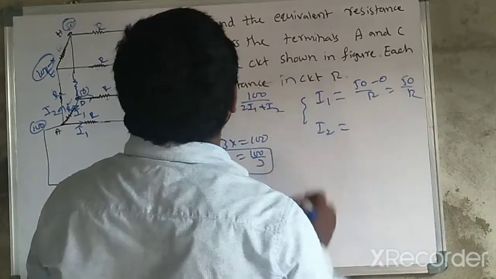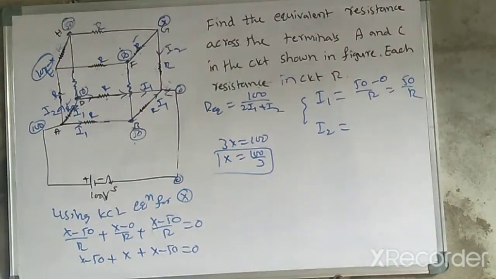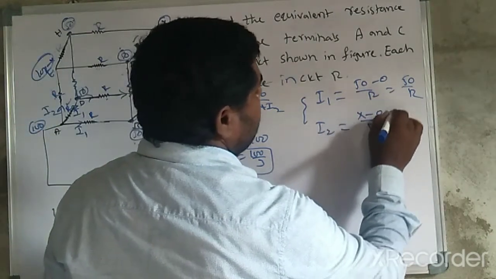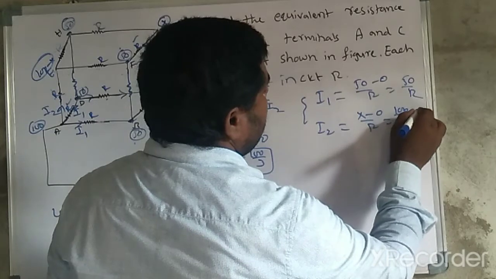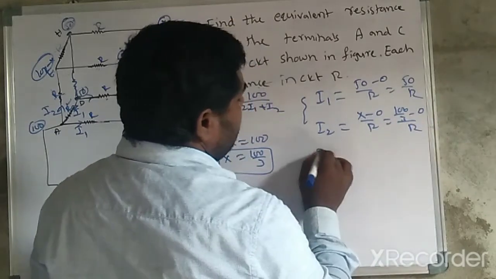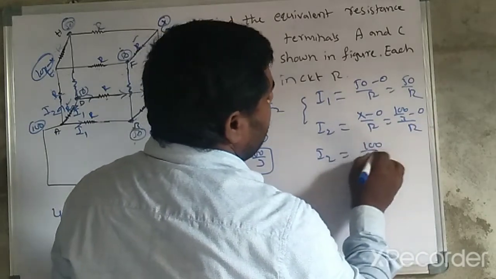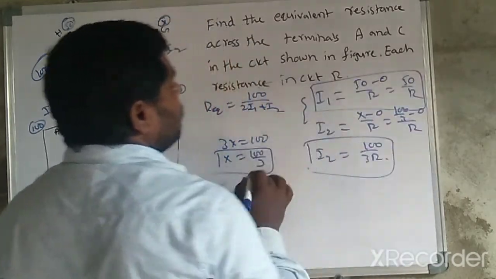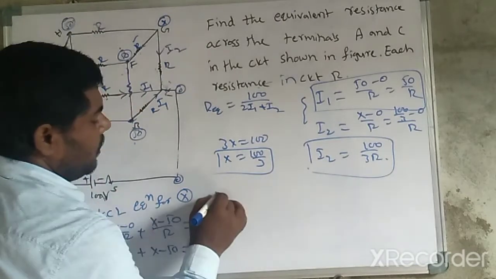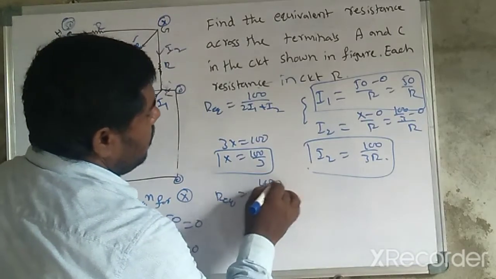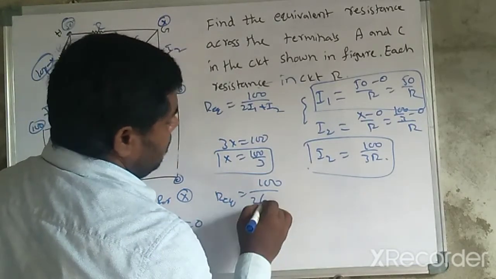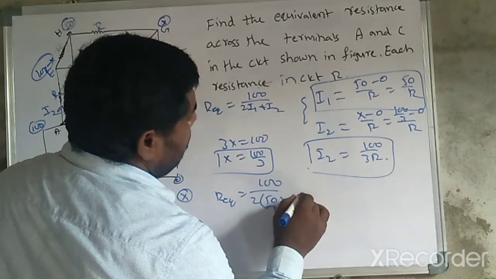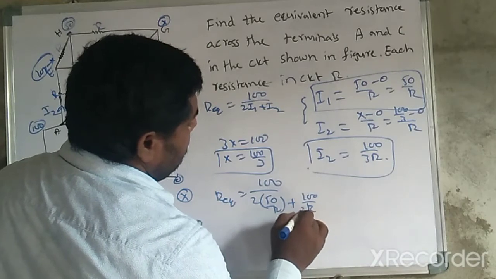Similarly, I2 is (x − 0)/r, which is (100/3 − 0)/r, so I2 is 100/(3r). Substitute this value and the I1 value here. R equivalent is 100 divided by the sum of I1, which is 50/r, plus I2, which is 100/(3r).